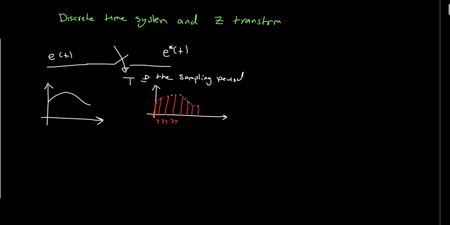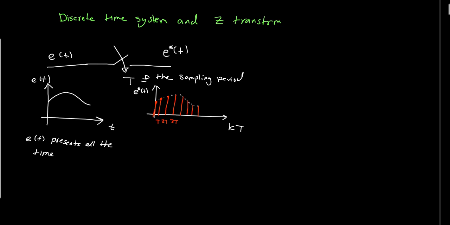So E of t is present all the time. This is the t axis, this is the E of t, this is the kT, and this is the E star of t. So here E of t is present all the time.